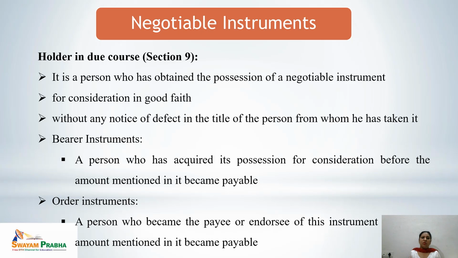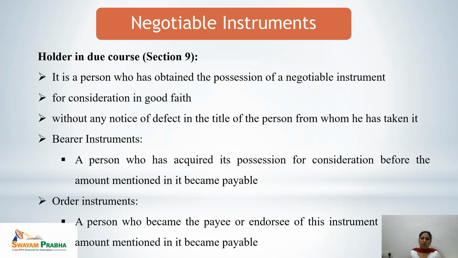So in case of bearer instruments, a person who has acquired the possession for consideration before the amount mentioned in it became payable becomes the holder in due course. The other important thing to be noticed here is that the possession of the instrument should be taken before the maturity date.